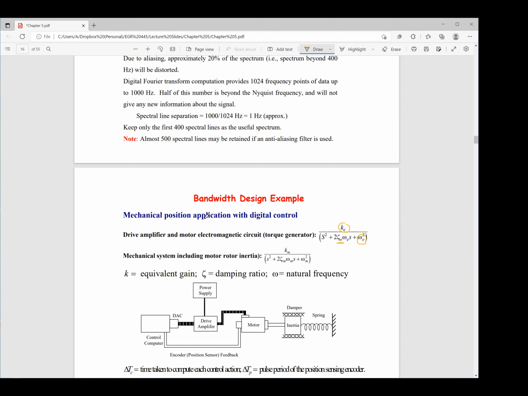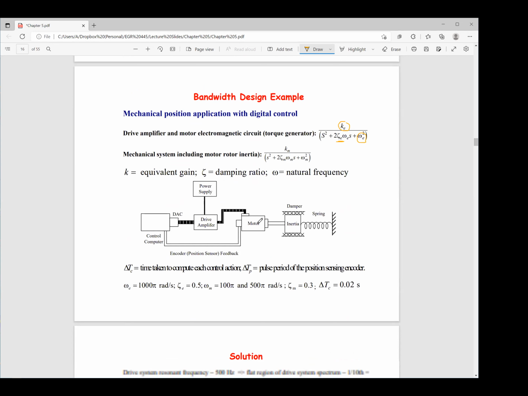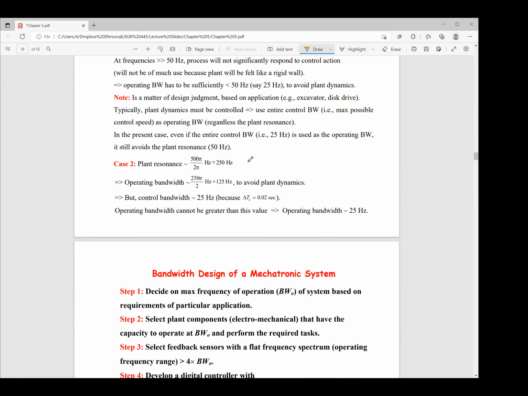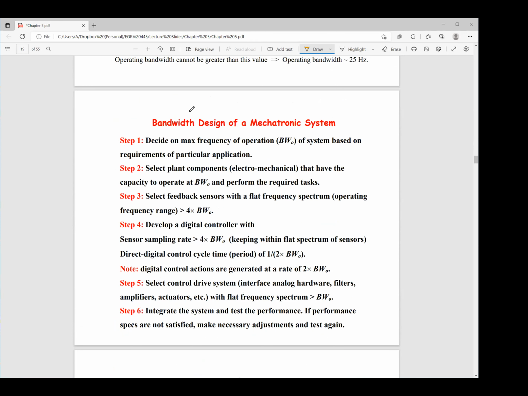So if we are given a certain bandwidth, we can tune the gain, the natural frequency, and the damping coefficients to meet certain bandwidth specs. I will work through this example in the next class, but these are the guidelines for bandwidth design.